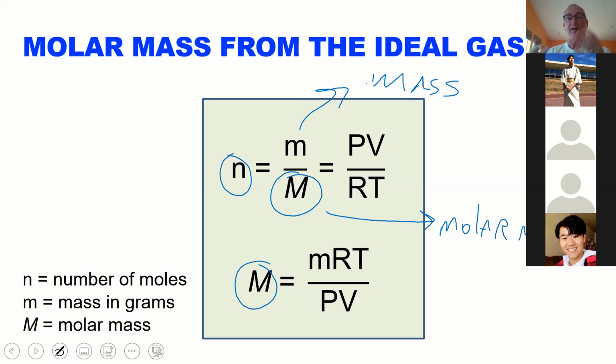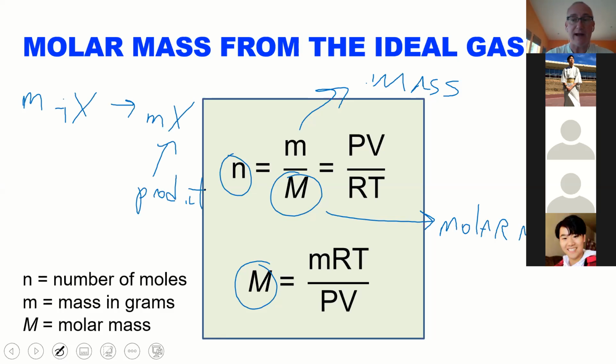That way you can figure out how many moles were in the original mass. So if I had a solid, I would weigh out a mass of solid, I would react it with something, and then I would measure the mass of the product.